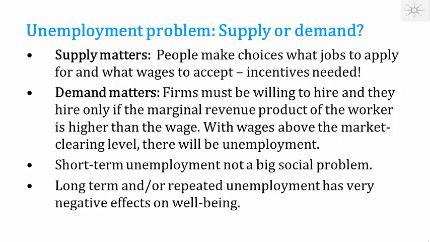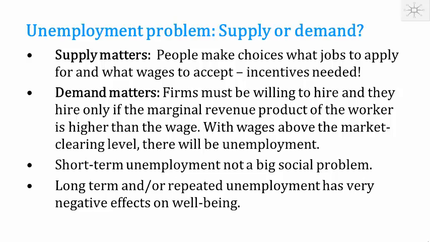And it's really a matter of an interaction between supply and demand. Supply matters because people do make choices what jobs to apply for. And with a very generous benefit system, it's likely that people apply for fewer jobs, and that will affect unemployment and wage setting.